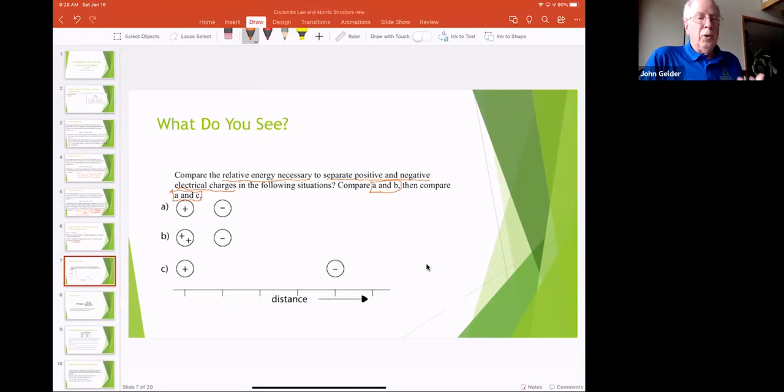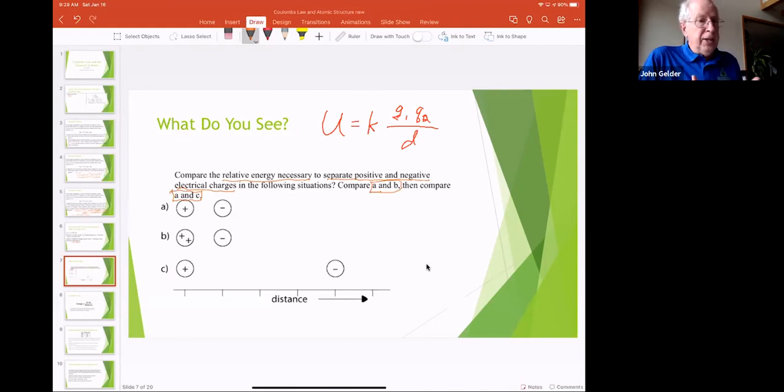And what you're saying in terms of that distance is that we've got an inverse relationship between the energy and distance. The shorter the distance, the greater the energy. The higher the charge on the cation or the anion, the greater the energy.